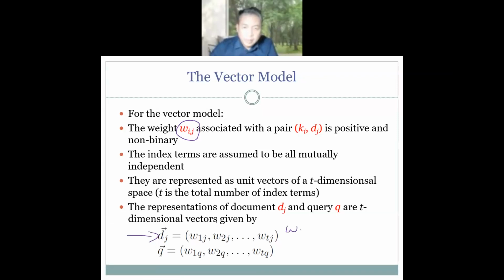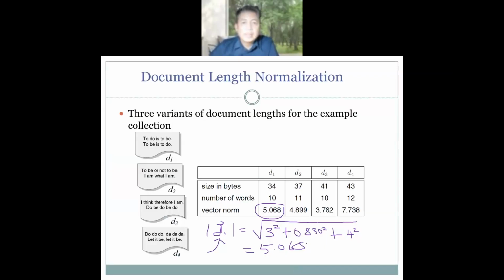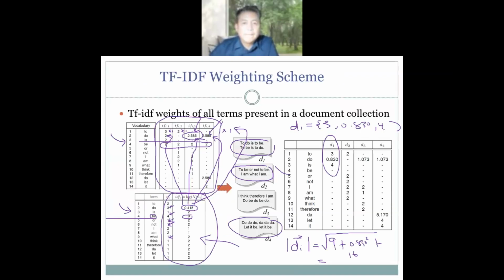So the weightage of keyword i in document j is the term frequency of keyword i in document j times the IDF of keyword i. So this is what we have done before.